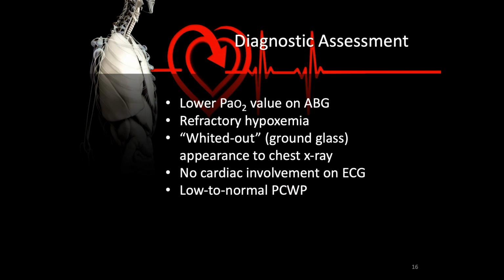Your diagnostic assessment will show your lower PaO2 values on the arterial blood gases, the refractory hypoxemia previously mentioned, the ground glass or whited out appearance to the chest X-ray, the non-cardiac involvement on your ECG, and a low to normal pulmonary capillary wedge pressure when checking your patient's hemodynamic profile.